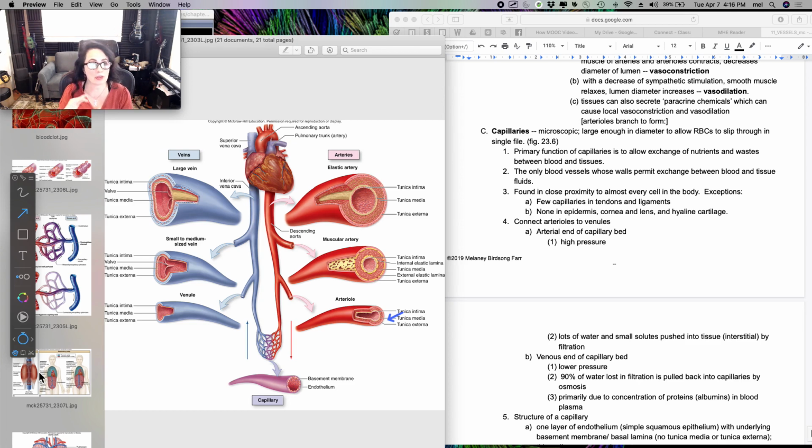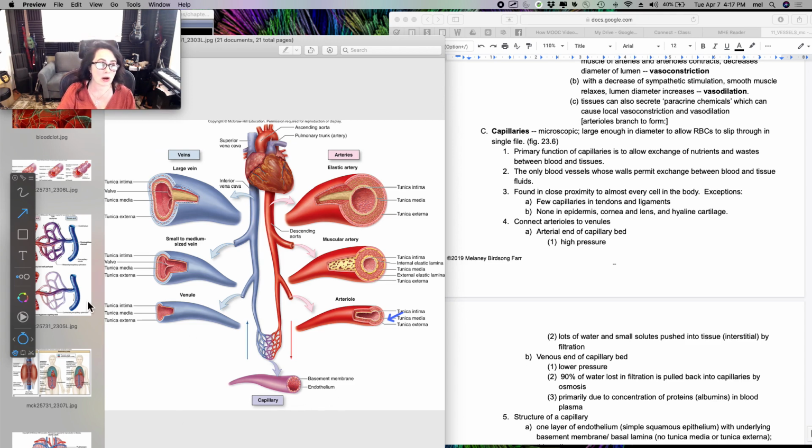And they're the only vessel in this whole story that allows a significant amount of gas, nutrient, and waste exchange. So really, the rest of this is plumbing to serve this, because without gas, nutrient, and waste exchange, the tissues don't get oxygen and nutrients and can't do cellular respiration, which means you're going to croak anyway.